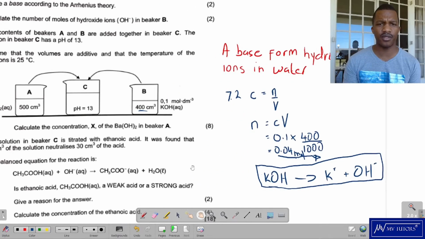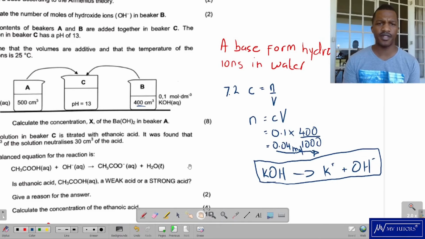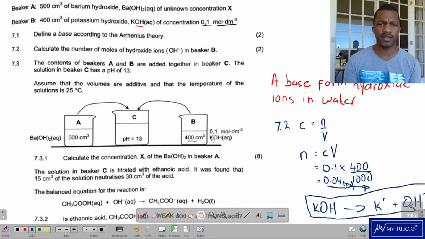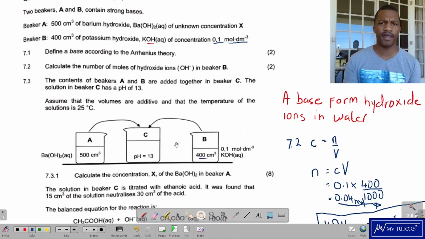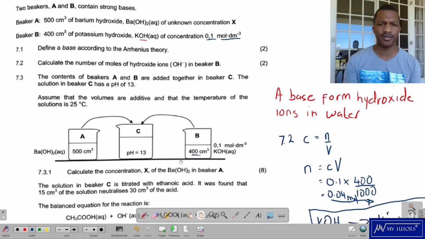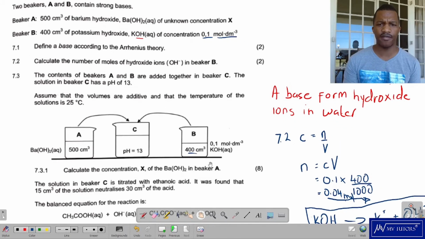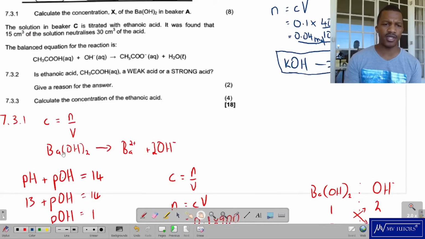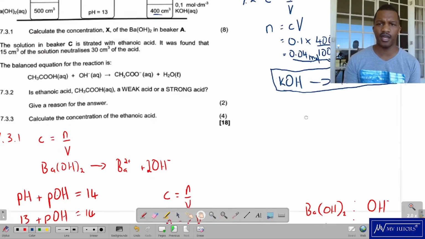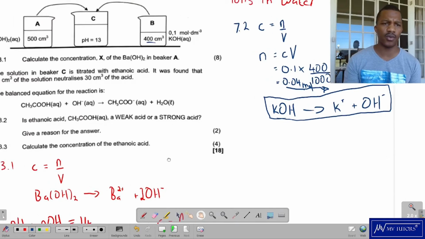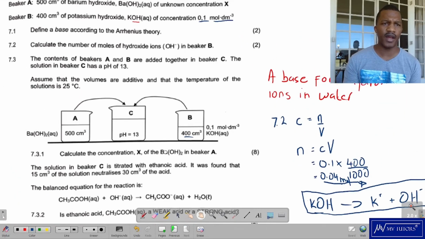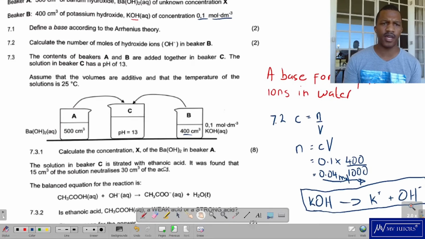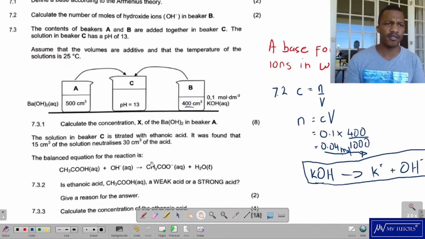This concentration and that volume deal with the whole compound, but this is the equation, just like we use this equation here where we found that it's 2:1. Here it was 1:1. Okay, so that was for 7.2.